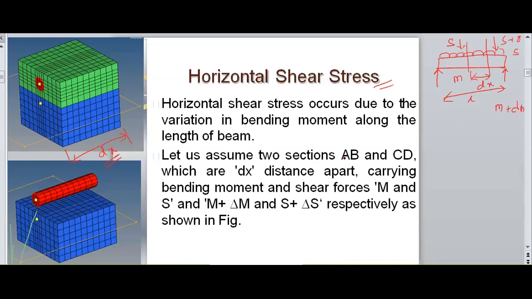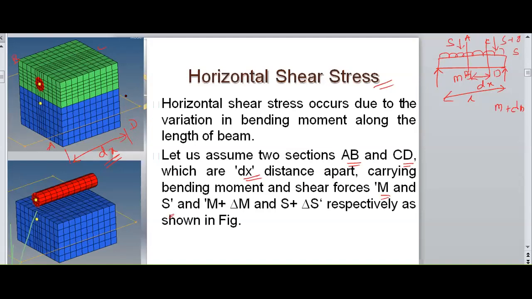Here I am considering this side as AB and this side as CD. So two cross sections, AB and CD, at a length of dx. On the AB side we have M and S, where M is the bending moment and S is the shear force.